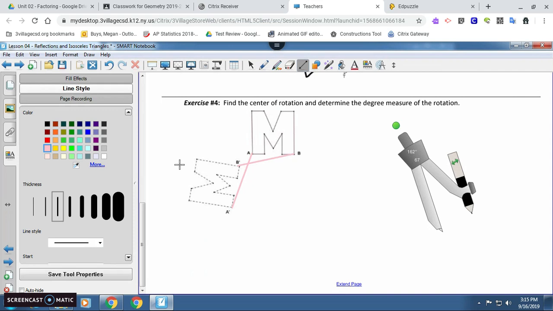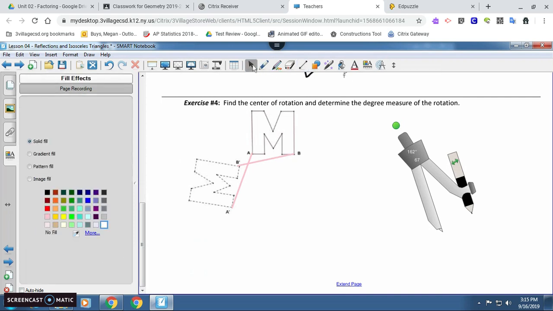So the first thing I want to do is take the perpendicular bisector of A and A prime. So it's the same construction we've been doing.